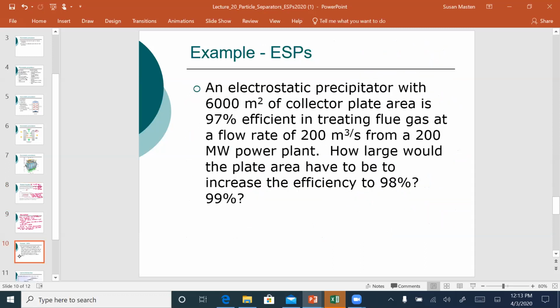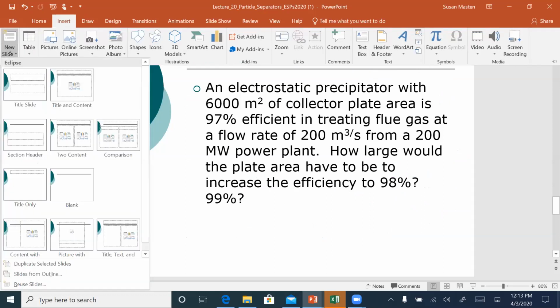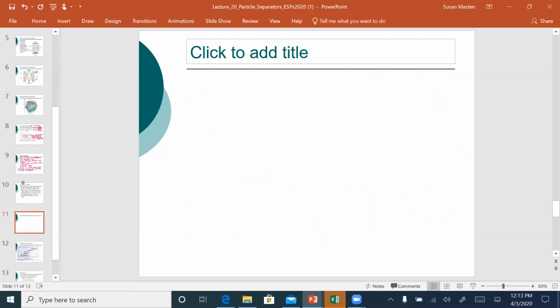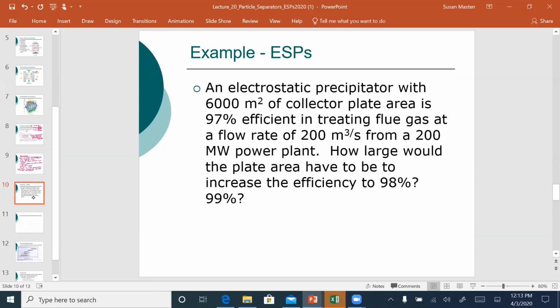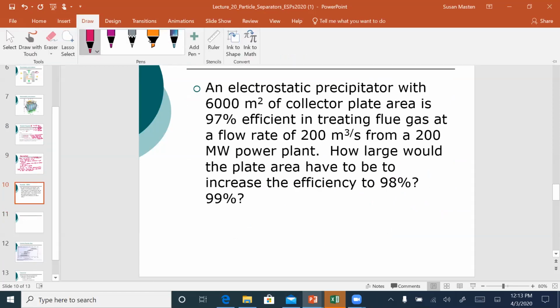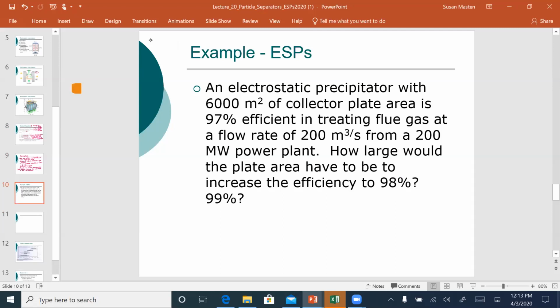So we'll do an example here. And let's just insert a new slide so that we have it. Okay. So what do we have? We have an electrostatic precipitator, and it has 6,000 square meters of collector plate area.